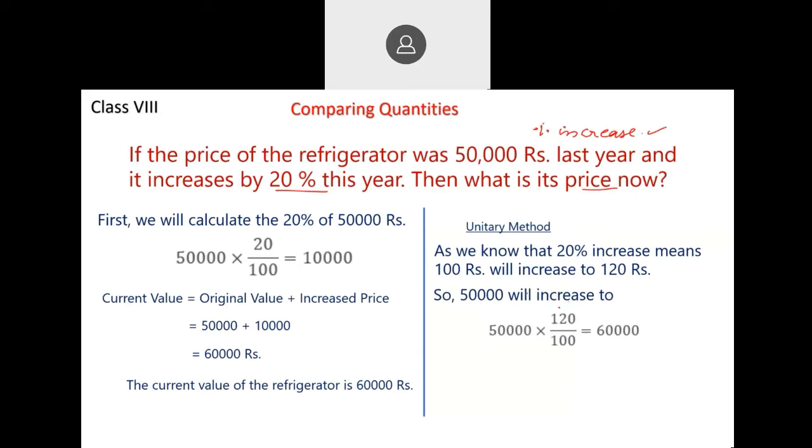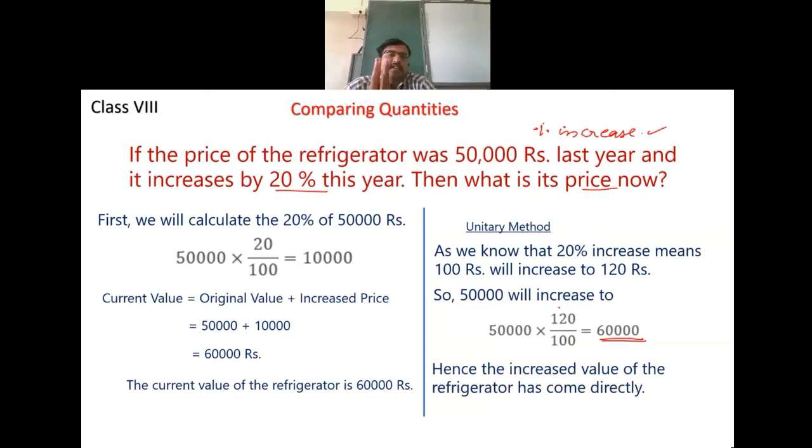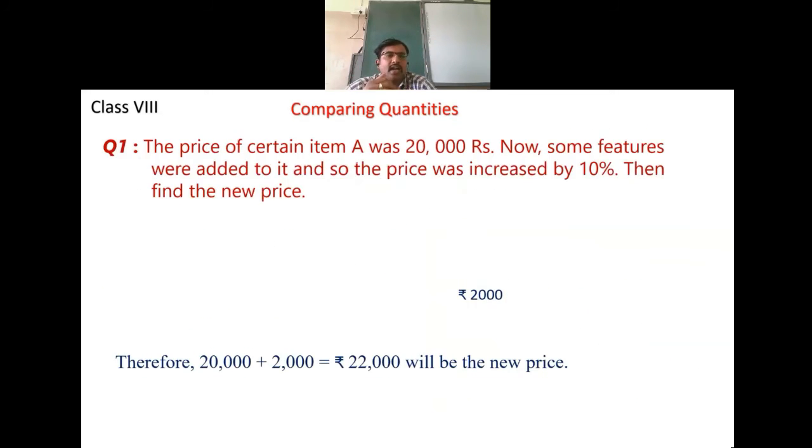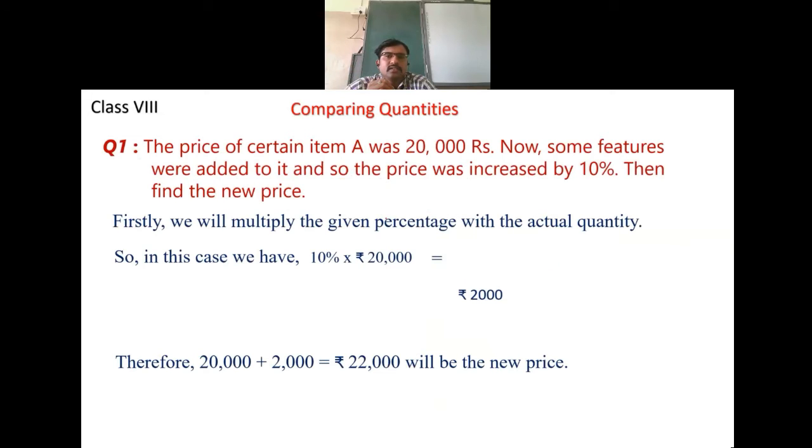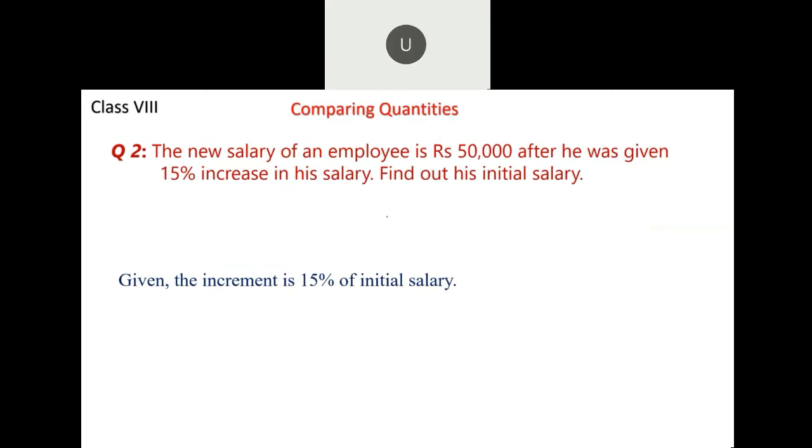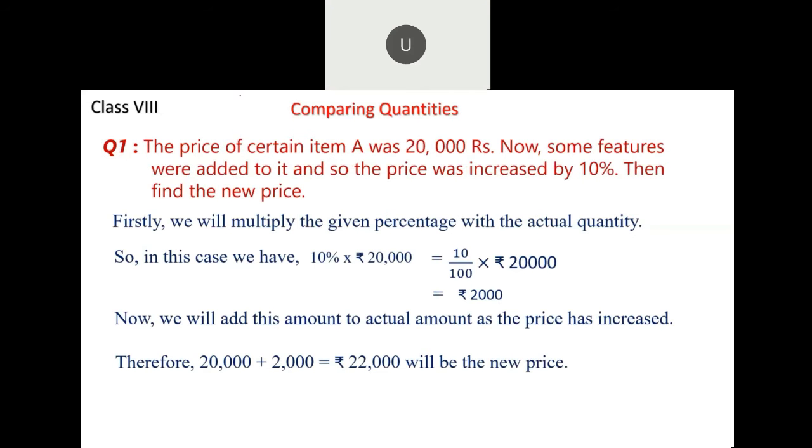So 50,000 will increase to 50,000 into 120 by 100, we get 60,000 directly. Hence, the increased value of the refrigerator has come directly. You can follow any of these two methods. Here is a question. You can just tell what you have understood from this.